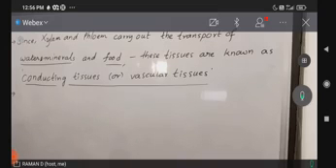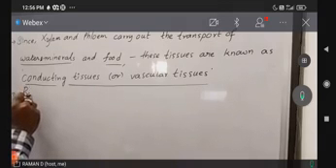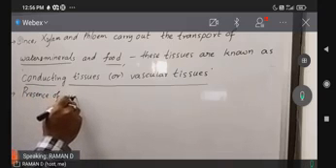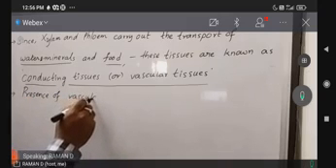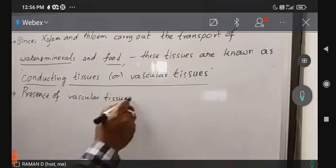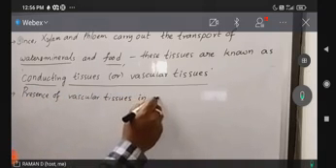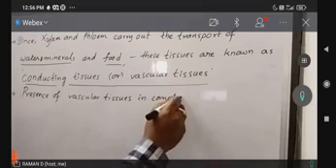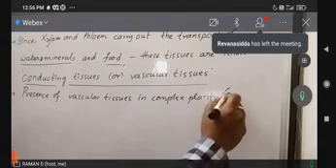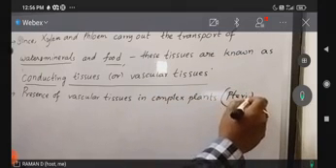Before that, whatever the plants were there which were not having conducting tissues or vascular tissues could not survive on land.